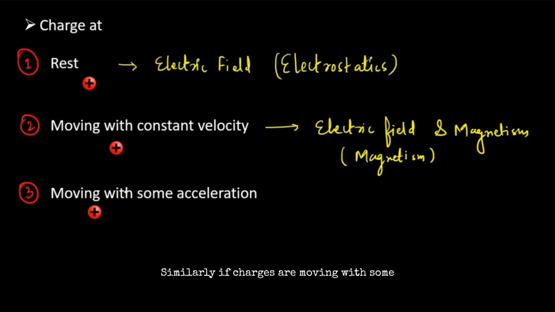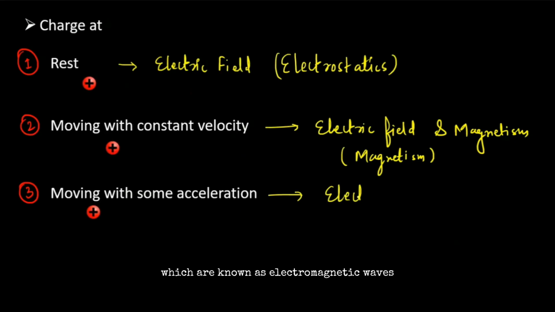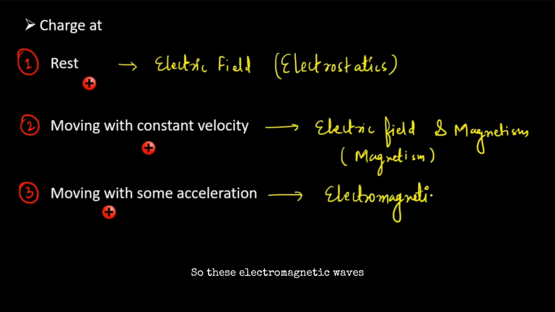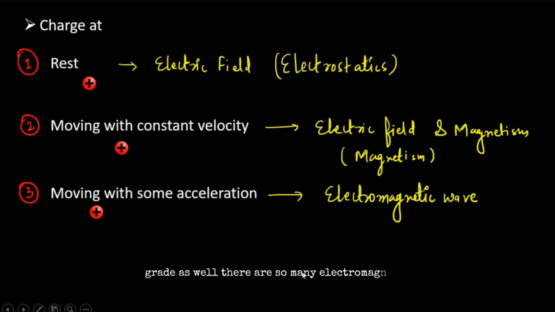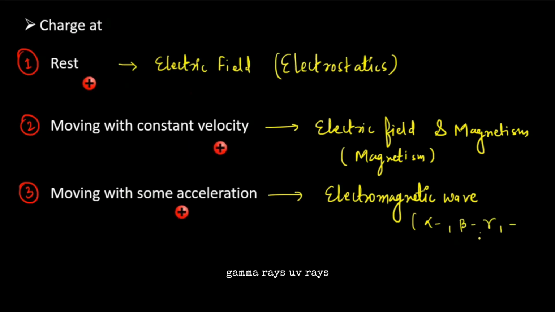Similarly, if charges are moving with some acceleration, they produce a special type of waves known as electromagnetic waves. We are going to learn these electromagnetic waves in the upcoming part of this grade as well. There are many electromagnetic waves, for example, alpha rays, beta rays, gamma rays, UV rays.